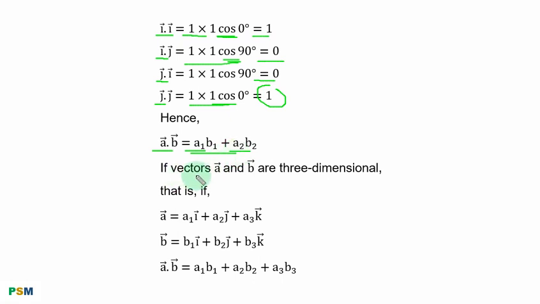If vectors A and B are three-dimensional, that is, if vector A is equal to A1 vector I plus A2 vector J plus A3 vector K, and vector B is equal to this, when you carry out the simplification for vector A dot vector B, you have this result as the scalar or dot product.